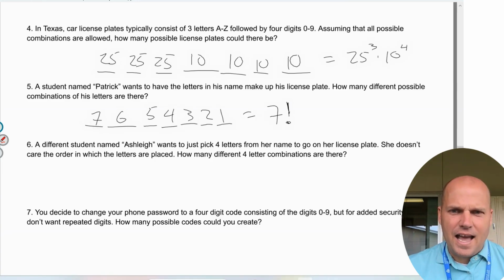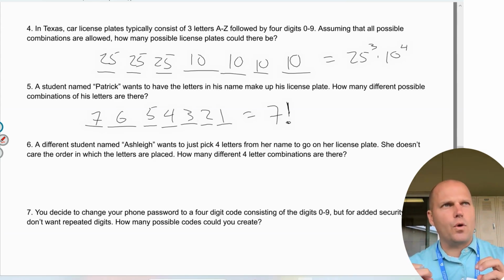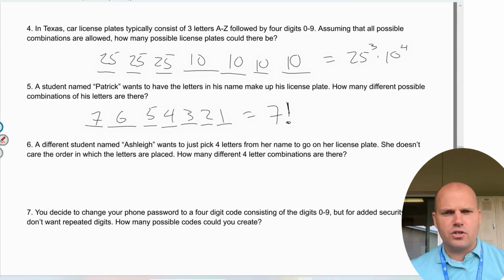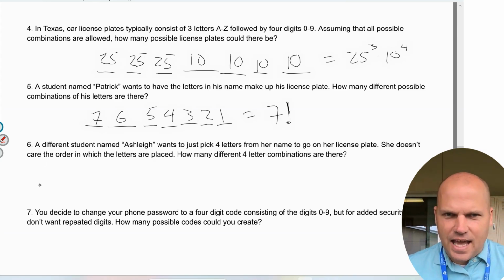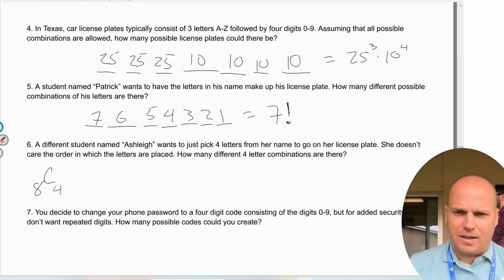If I pick ASHL, that'll be the same as LHSA. Right now, she's just kind of choosing 4 letters that she will then arrange. So this is the idea that of the 1, 2, 3, 4, 5, 6, 7, 8 letters, she's going to choose a group of 4, not caring about the order.